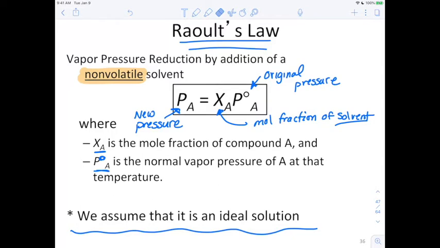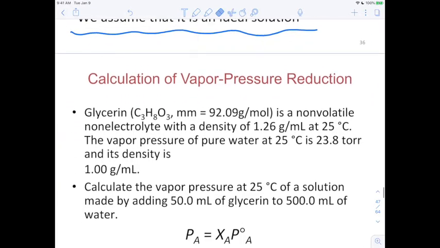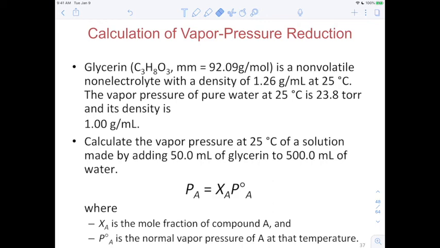All right, so we were just starting to talk about Raoult's law. And so now let's try an example of Raoult's law. So here we have glycerin, and it's a non-volatile, non-electrolyte. So non-volatile means it's not flying off into the vapor phase. Non-electrolyte means it's not breaking up into multiple ions.